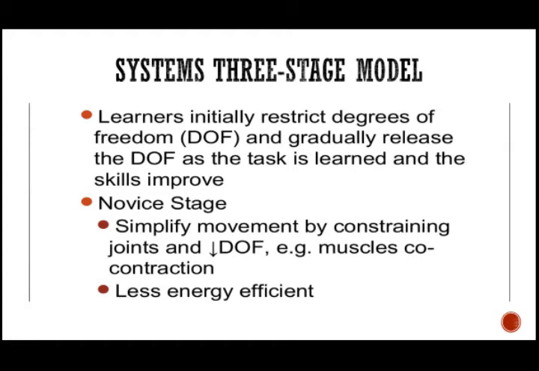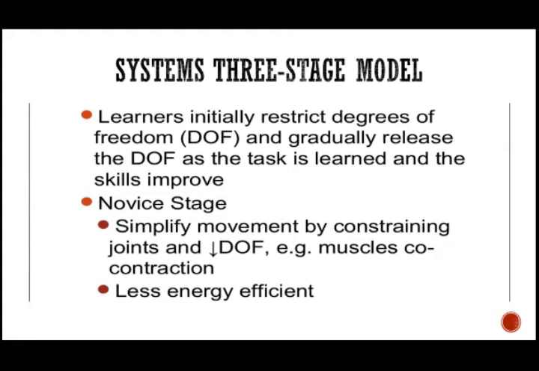Systems three-stage model. Learners initially restrict degrees of freedom, DOF, and gradually release the DOF as the task is learned and the skills improve. Novice stage: simplify movement by constraining joints and DOF. Example, muscle co-contraction.